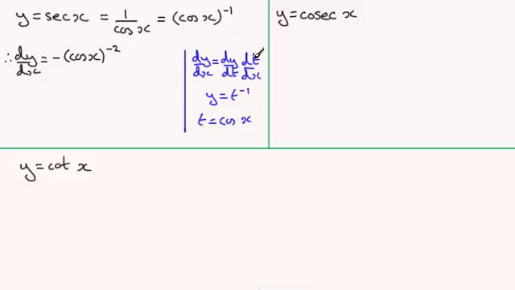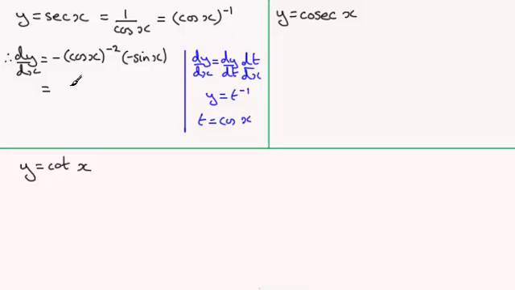And then we have to multiply it by dt by dx. So if I differentiate cos x with respect to x, that's going to be minus sine x. So tidying this up, what we've got here is a positive value, and this is 1 over cos x all squared multiplied by sine x.